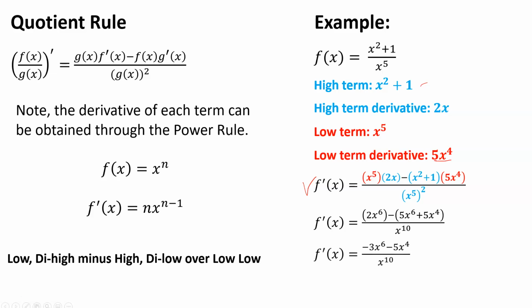Simplify it a little bit further, and we have negative x to the sixth minus 5x to the fourth over x to the 10th. And finally, we factor out an x to the fourth, and we end up with a much simpler version of this. But we've actually done the derivative at this point. Now we've got it simplified down.